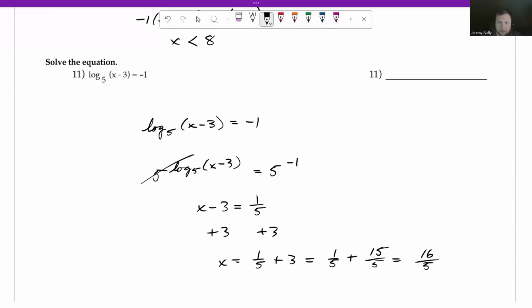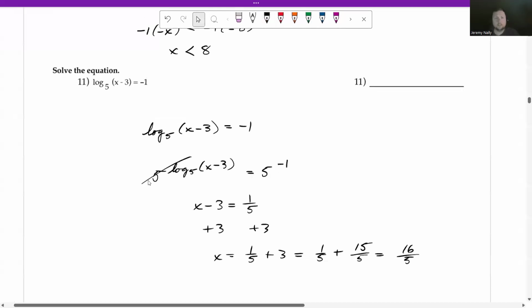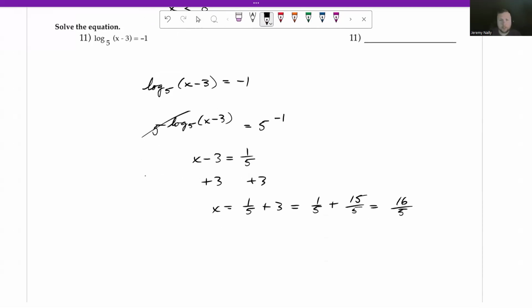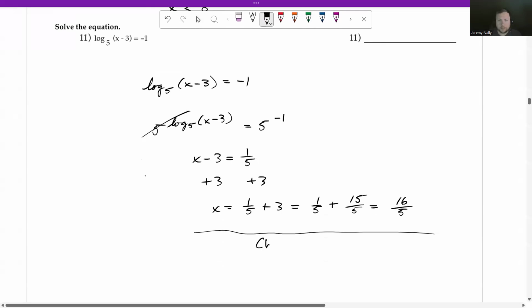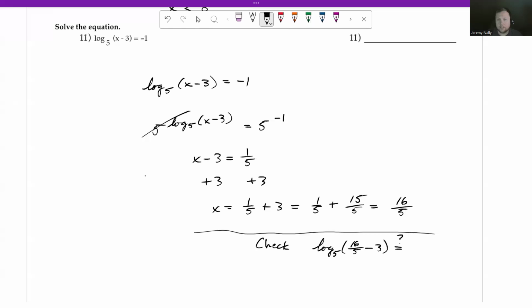Let's see if I have enough room on this page. So, check. Log base 5 of 16 over 5 minus 3, is that negative 1?